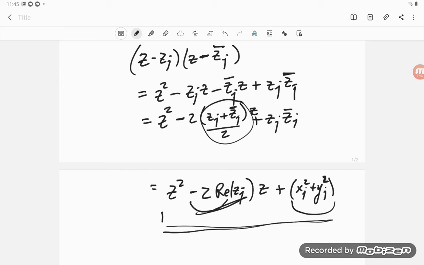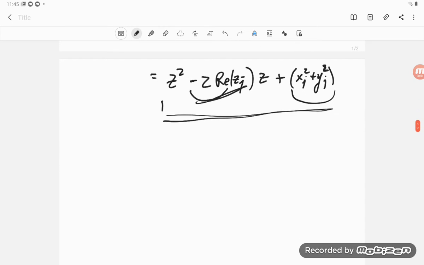Okay, and so then they mention their example 5.4.2, and they factor z to the 4th plus 1. So they do a preliminary factorization.